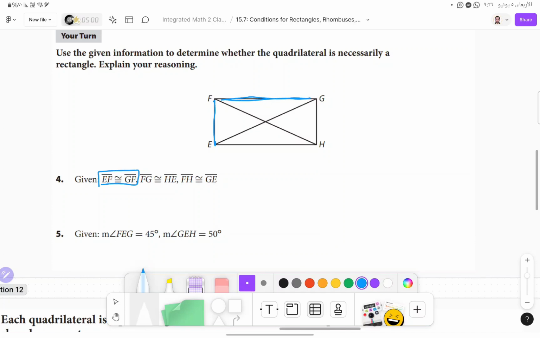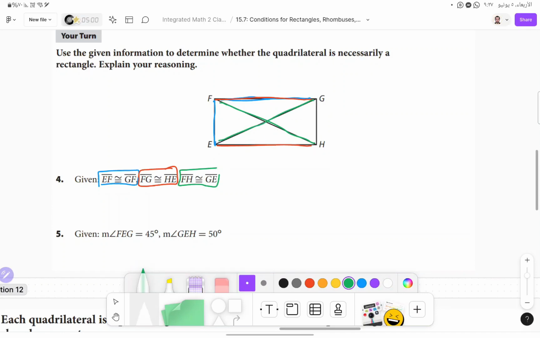EF is congruent to GF, and it's saying FG is congruent to HE, and it's saying here FH, so FH from here to here is congruent to GE. It's congruent to GE, this one here.